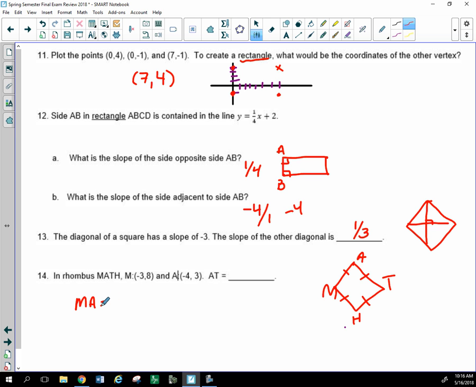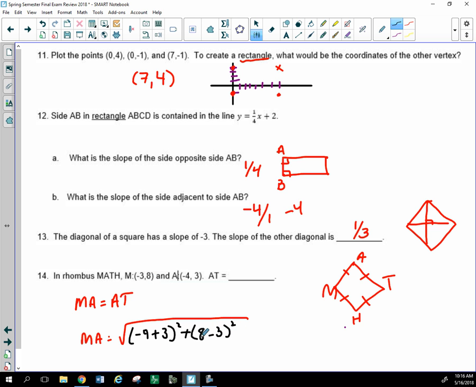So we have to find the length of MA, and the length of MA will equal the length of AT, so let's find the length of MA using our distance formula, which we used earlier. Subtract the x's, so (-4 minus -3) squared, plus subtracting our y's, (8 minus 3) squared.